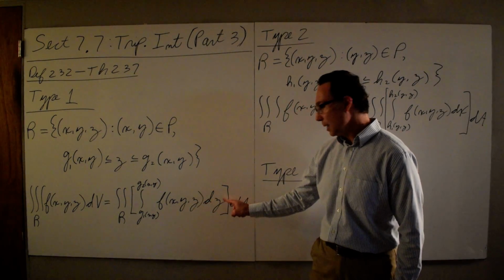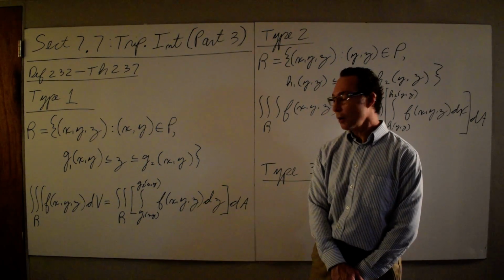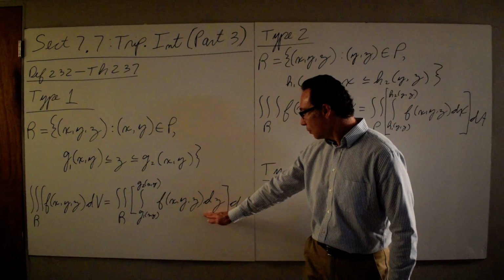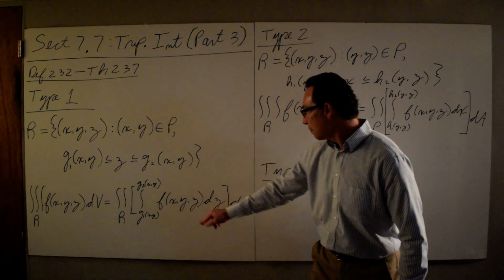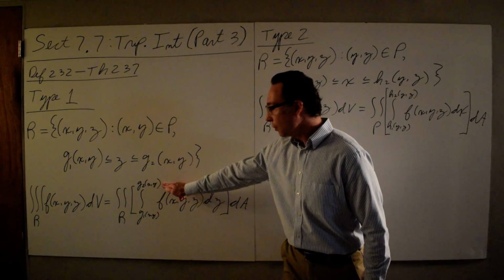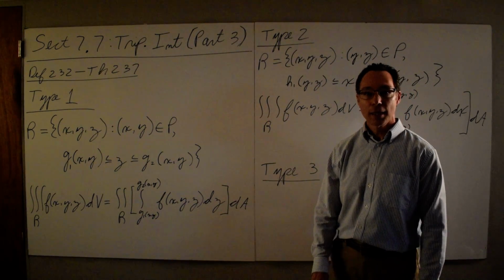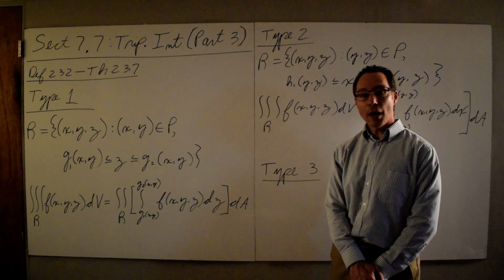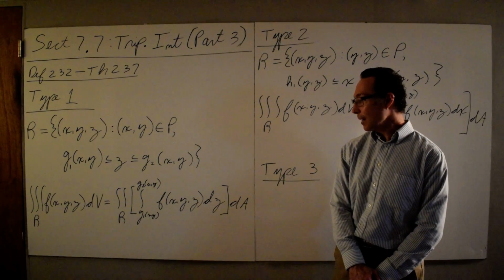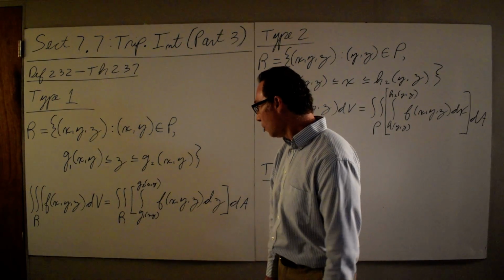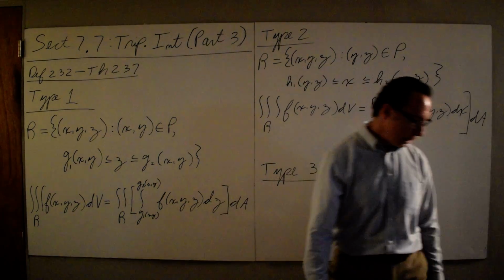Integrate with respect to z. That means we pretend x and y are constants. So we find an antiderivative with respect to z, substitute our upper limit of integration, substitute our lower limit of integration, and subtract. And now, when we do that, we have a function of two variables, just x and y. And so now we're integrating over the plane.